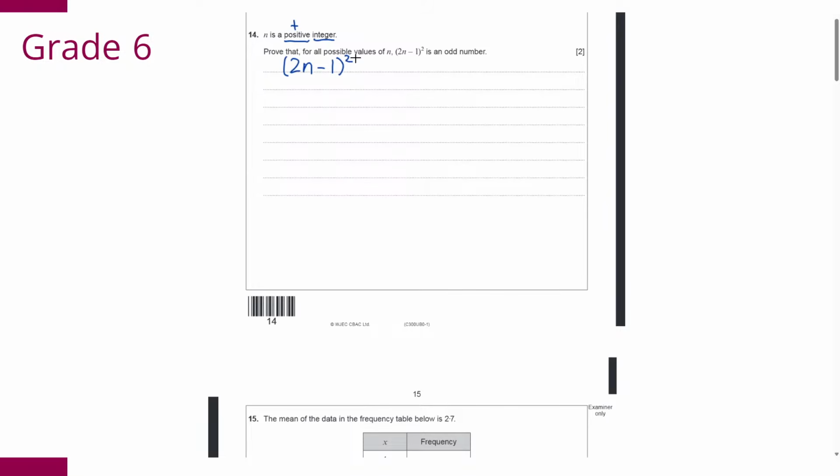Whenever you have a bracket squared, even if it doesn't give you the right answer, I'll always try and expand it. I don't know why. I just always will, right? So multiply the first 2, multiply the outside 2, inside 2, and then the last 2.